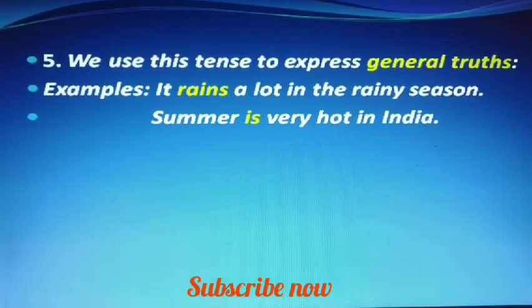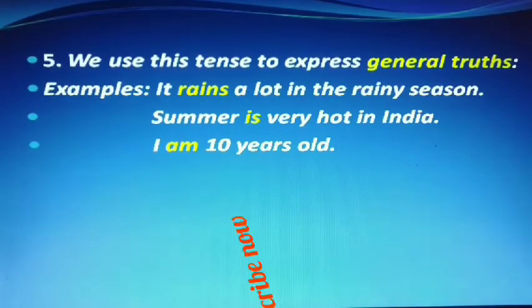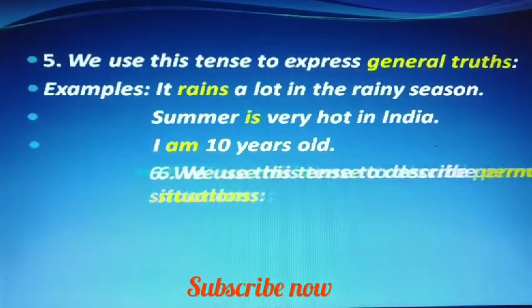Like summer is very hot in India. Every Indian knows this. This is a common truth, so we use simple present tense. I am 10 years old. It indicates my age, so it is a general truth.